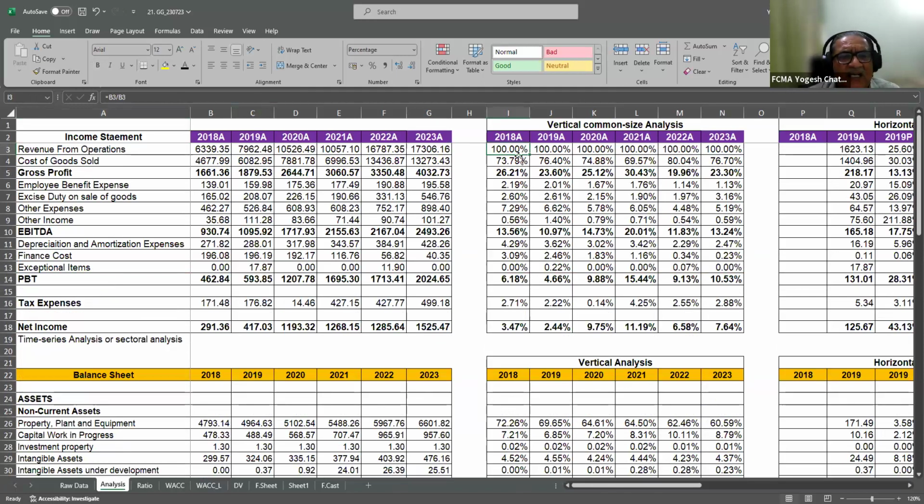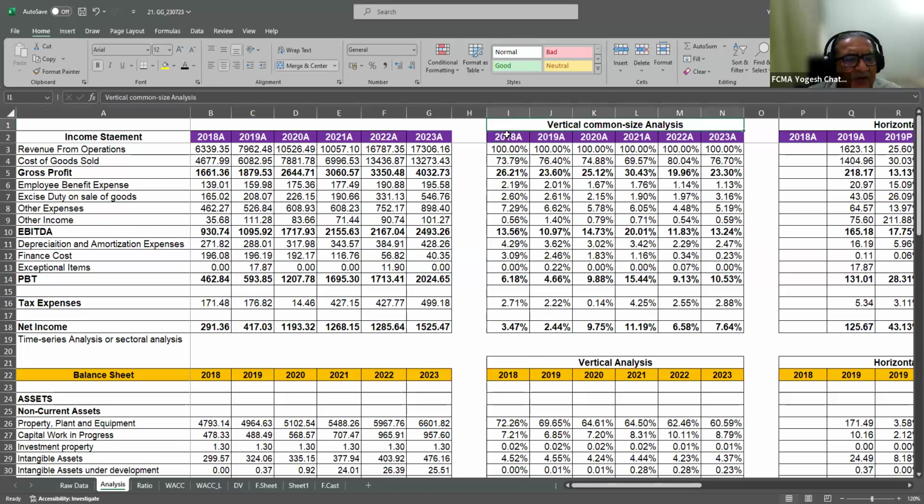Vertical common size analysis is very important for the purpose of financial statement analysis, for the purpose of making a projection. You may be aware, I am not sure, in the USA they have a practice: all the listed companies invariably file the vertical common size analysis of their financial statement along with the periodical filing with the stock exchanges.